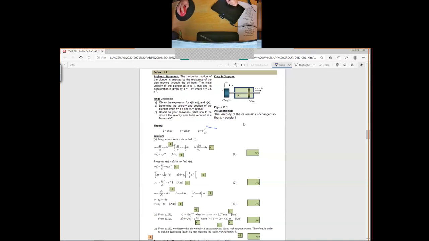Betul. You have here S V A. As you go down, you have to, apa ni? Differentiate, betul. As you go up, this is D.